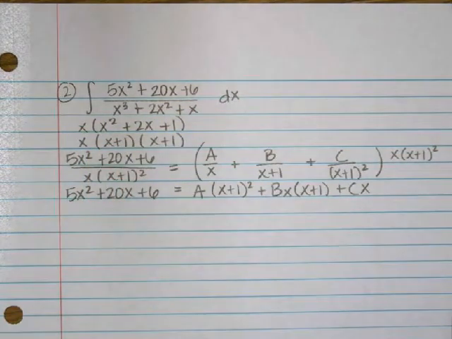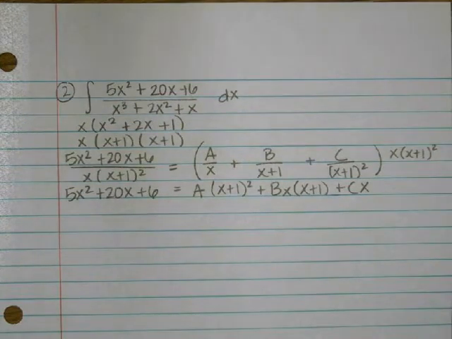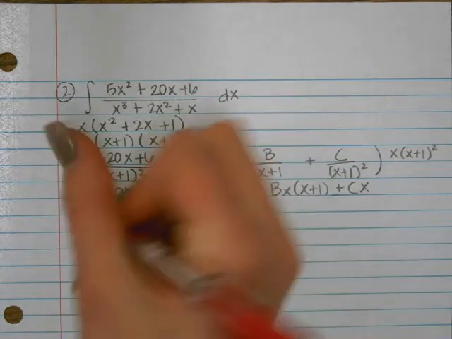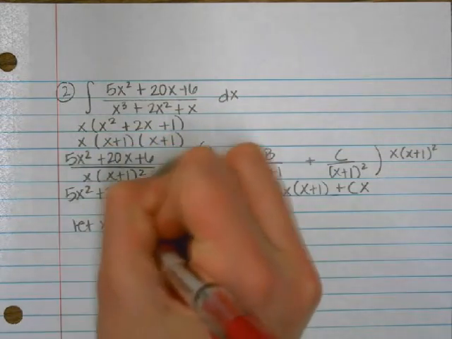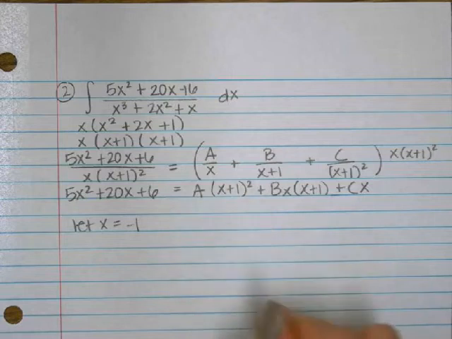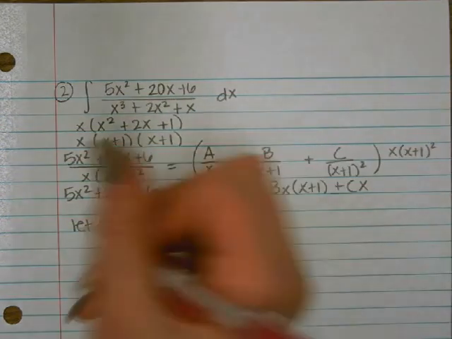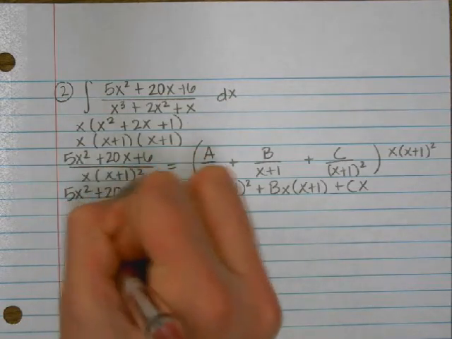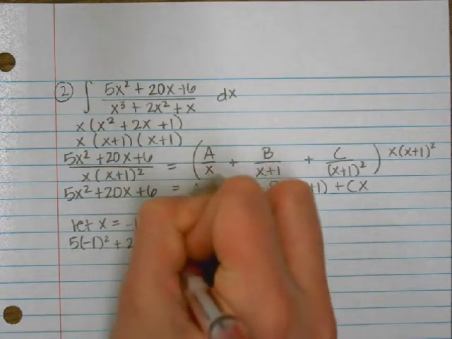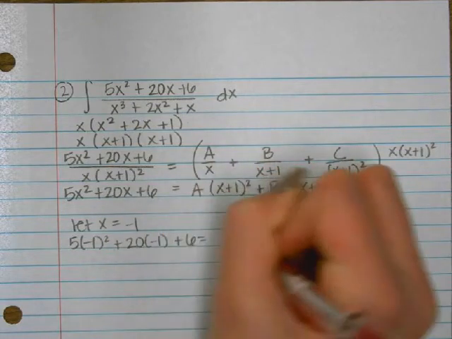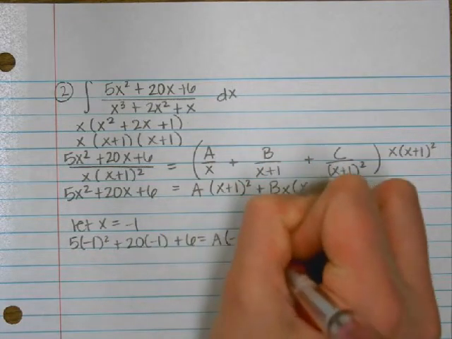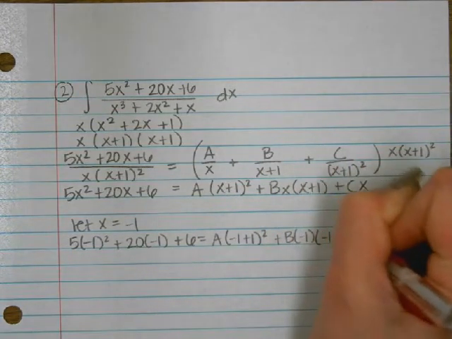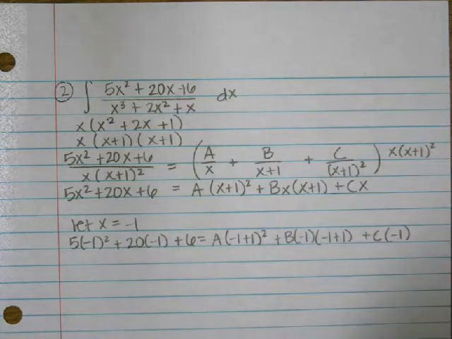Now we're going to solve for a, b, and c just like we did before. So first thing, if I let x equal -1, then I'm going to be able to get rid of two of my terms. So I've got 5 times (-1) squared plus 20 times -1 plus 6 equals a times (-1 plus 1) squared plus b times -1 times (-1 plus 1) plus c times -1.